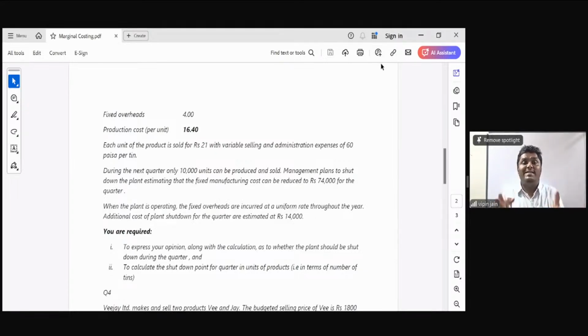So in short, even if we shut down, my fixed cost will be approximately 74 plus 14, that is 88,000. 74,000 will be my fixed cost and 14,000 will be my shutdown cost. So you guys have to advise whether the plant should be shut down or whether we should continue with the operation. Waiting for your answers, giving you 5 minutes to solve this question.